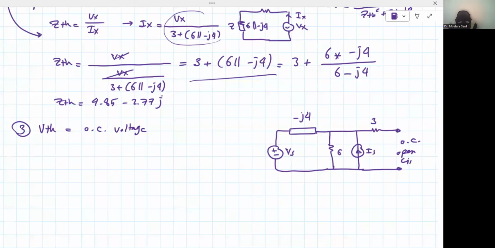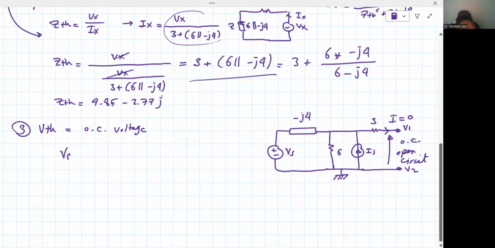What does open circuit mean? The current I here is equal to 0. It's a must. And we need the voltage across this open circuit. If we call this V1 and this V2, let's make V2 ground, by the way.